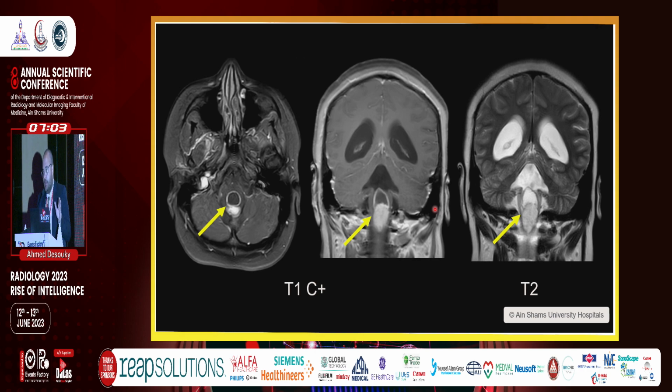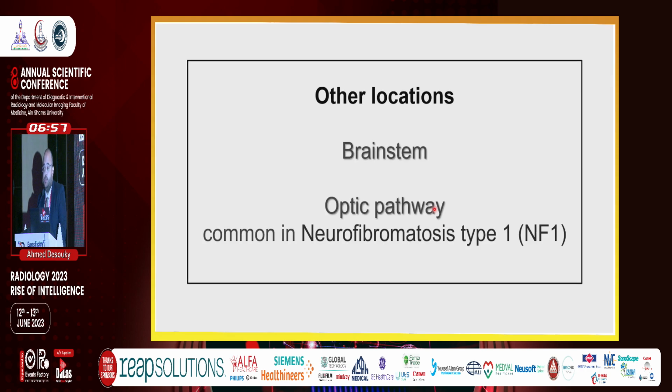So it's an atypical case, and we might see it in our practice. The other locations for the pilocytic astrocytoma might be the brainstem, the optic pathway, which is common in neurofibromatosis type 1, and also the spinal cord, which will be spinal astrocytoma.